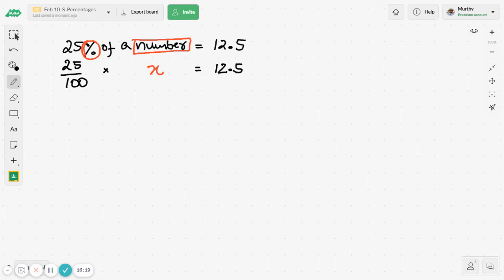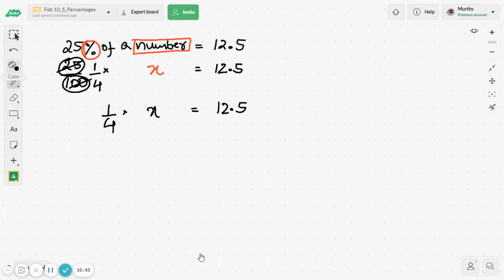Now, 25 over 100: I know that you may like to change this into a fraction. If I take 1/4 and 4/4, therefore I would say that 1/4 of x equals 12.5.